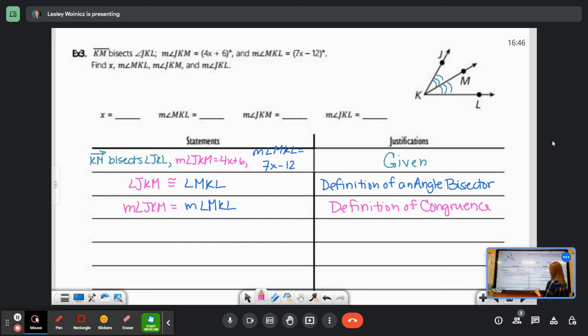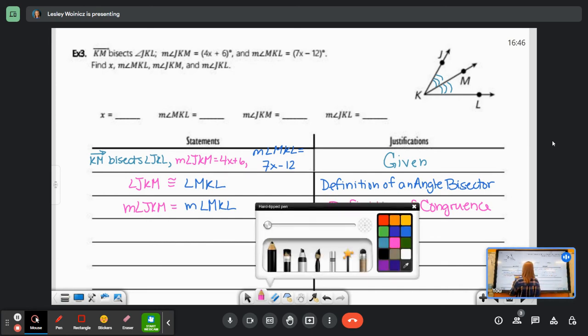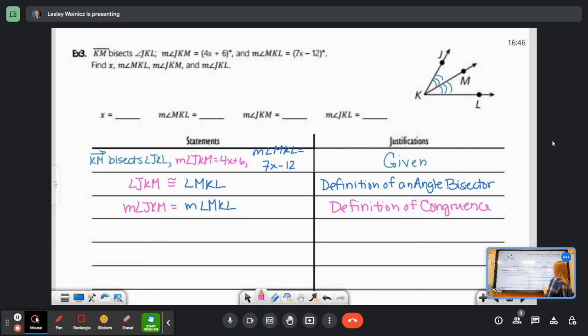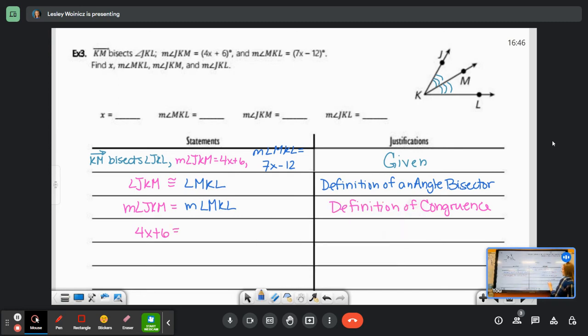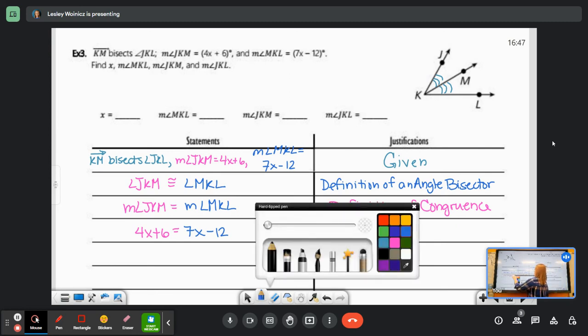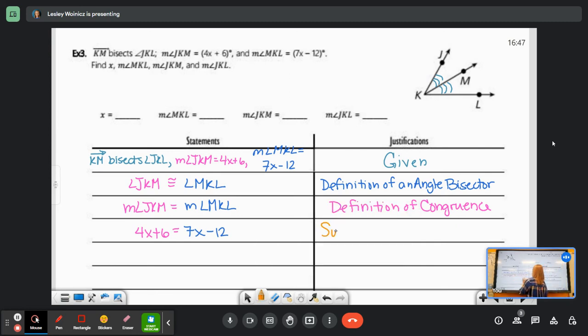Okay, now we can make a substitution and substitute in our algebraic expressions for those measures. So the measure of angle JKM is 4x + 6, and that has to be equal to the measure of angle MKL, which is 7x - 12. And we know that because of the substitution property.